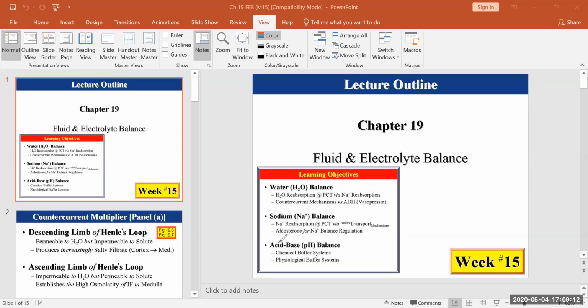And the last pillar is going over acid-base balance, how the body maintains the pH, specifically the pH in our blood plasma. So those are the 3 learning objectives for the current recording session. So with that said, let's get the ball rolling.